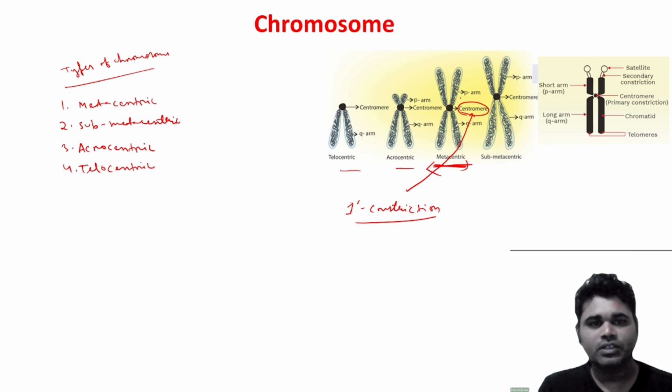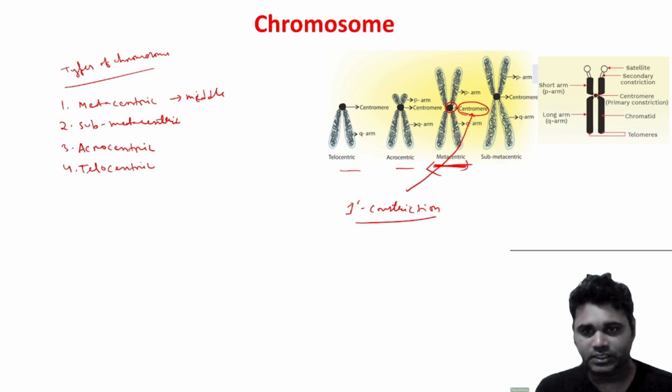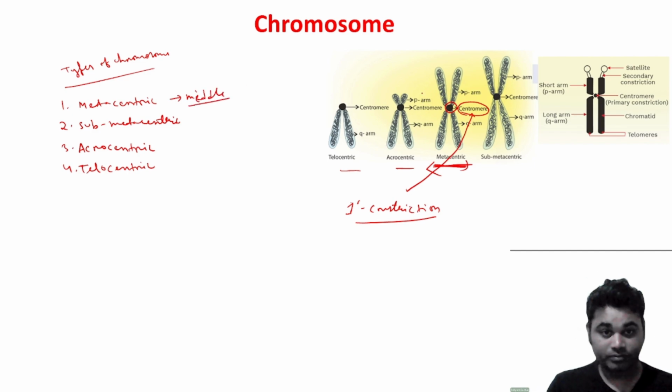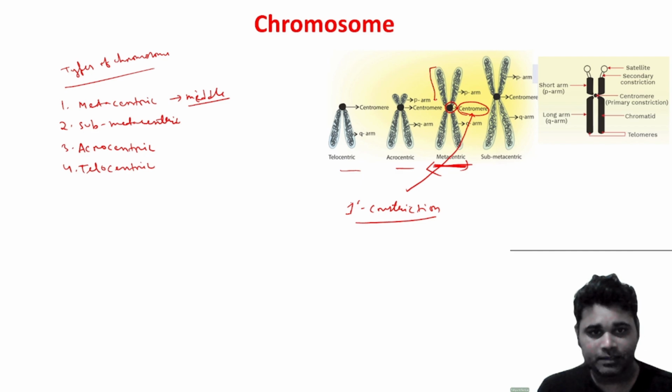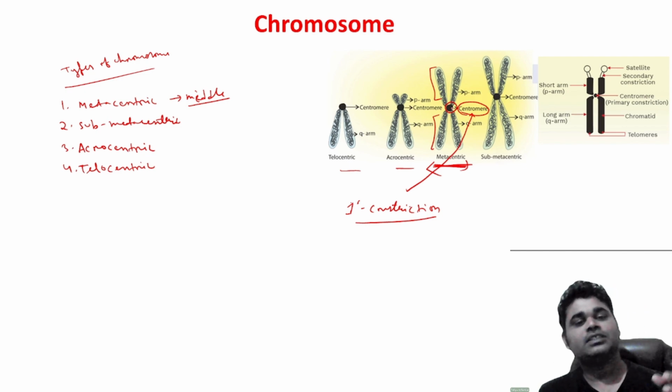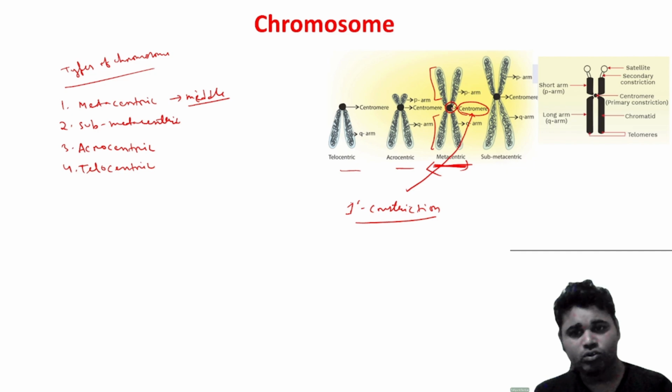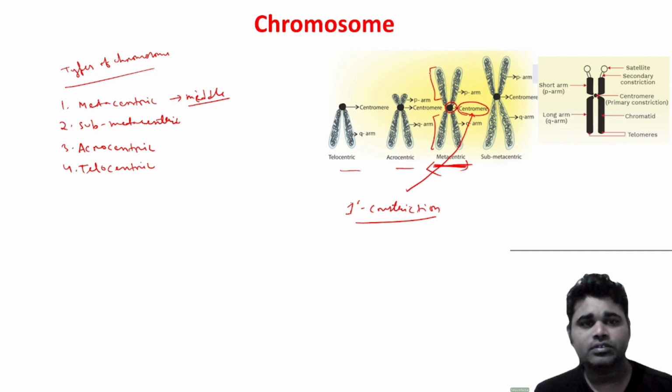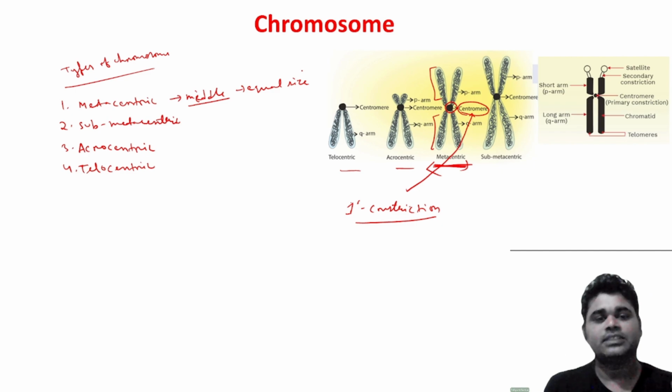In the metacentric chromosome, the centromere is present at the middle, so this is one arm and this is the other arm. Because the centromere is at the middle, these two arms are of equal size. So this is the metacentric chromosome.